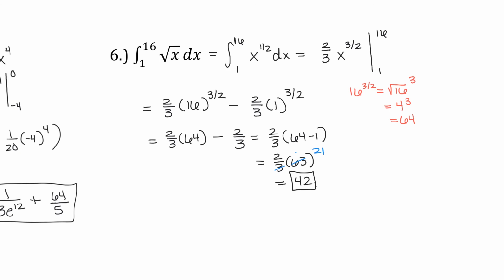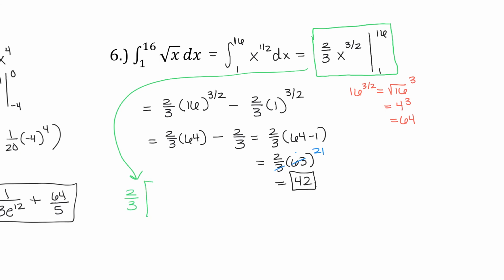Easy enough. I do want to point out that because I have that constant, I could say this is equal to 2/3 times x to the 3/2 evaluated from 1 to 16. And that's totally fine if you do that, because it distributes right back in. So I'd have 16 to the 3/2 minus 1 to the 3/2.